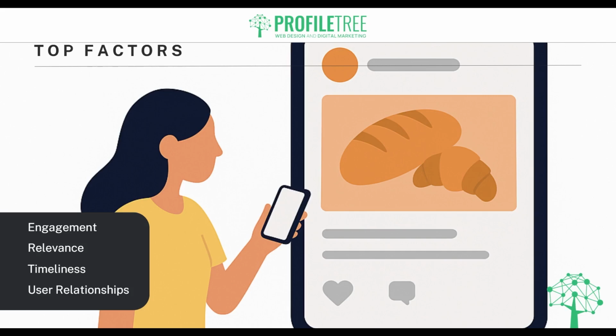Now, the more engagement a post gets, the more the algorithm sees it as worthy of showing to a wider audience. The next one there would be relevance. So relevance is about how closely your content matches the interests and preferences of the user.